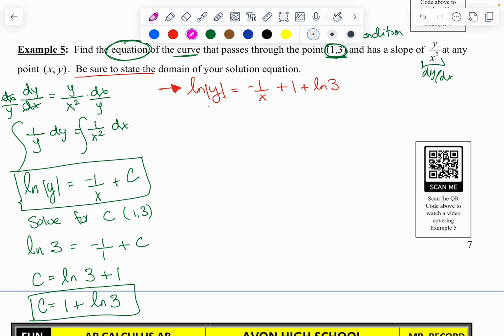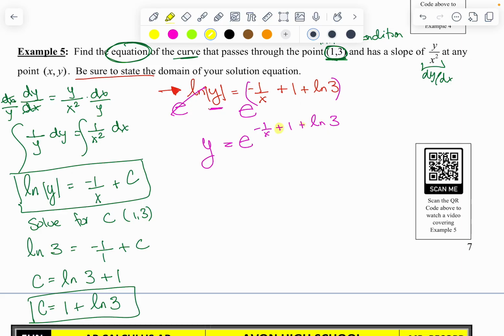Anytime we have ln, the only way to get y out is to raise both sides with a base of e. That will cancel out right there, and we're left with y equals e to the negative 1 over x plus 1 plus ln of 3.